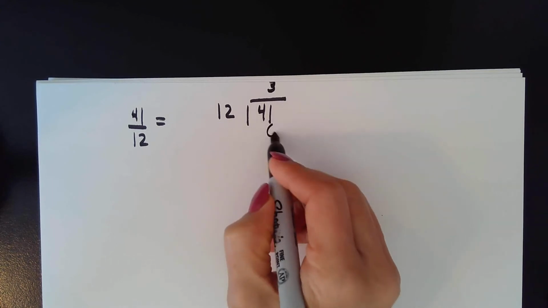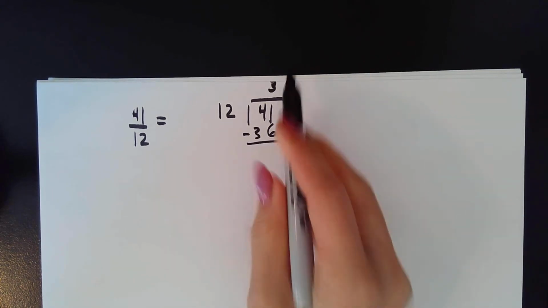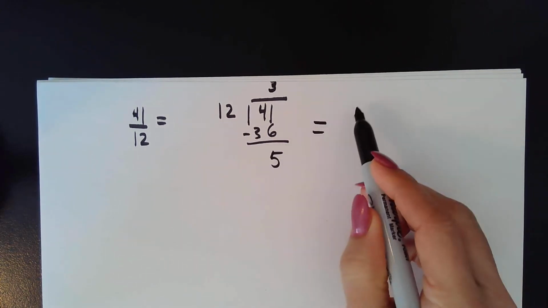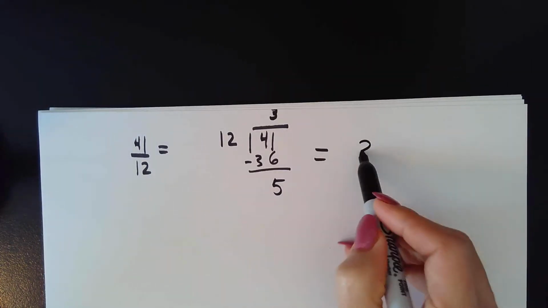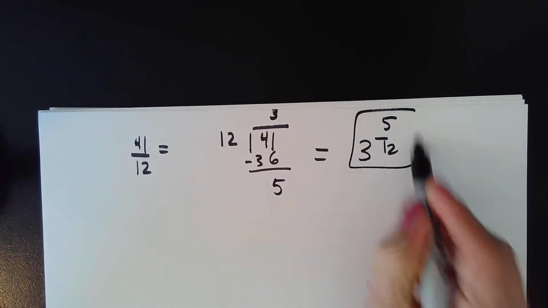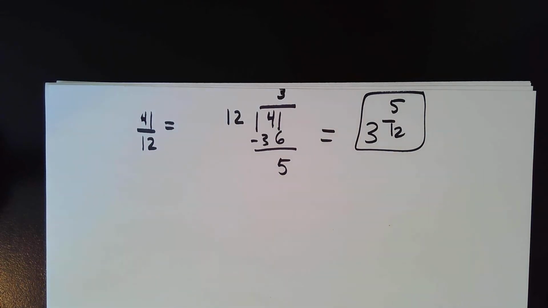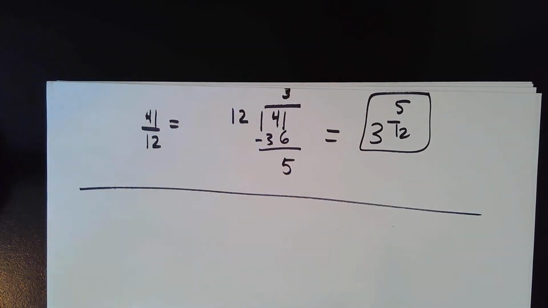So that's going to be 36. So the way to write the answer here is going to be 3 and 5/12. Okay? So I wanted to cover that in case you need to go from improper to mixed or from mixed to improper. Now you know how to do both.